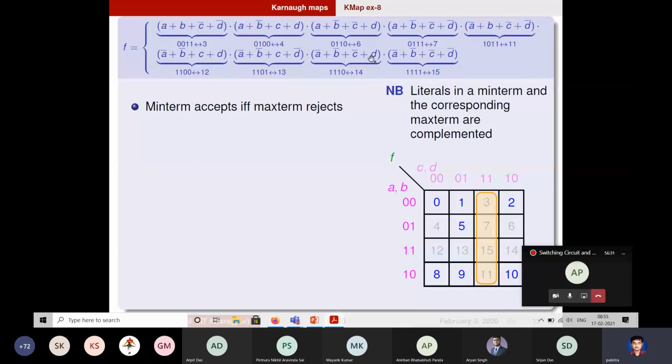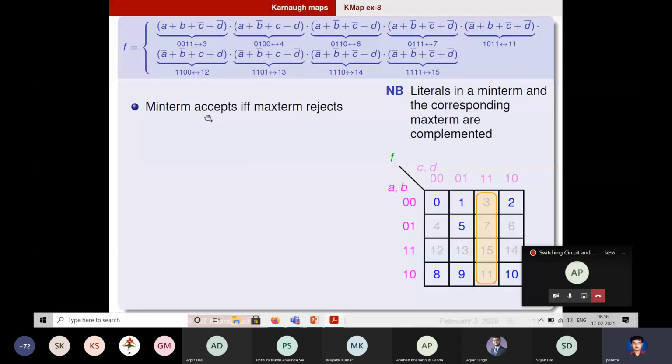Note that there is a complementarity or duality between this min term and max term. So if a particular input combination, if you write it as a min term, the min term will accept it only if the max term rejects it. So they are complemented.